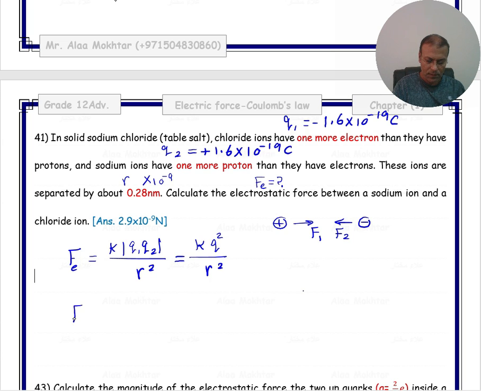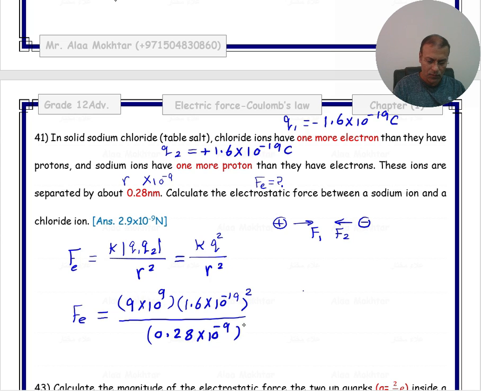So the electrostatic force equals 9 multiply 10 to the power 9, which is K, Coulomb's constant. Q1 and Q2 are 1.6 multiply 10 to the negative 19, and we take the magnitude, squared. The distance is 0.28 times 10 to the negative 9, squared.